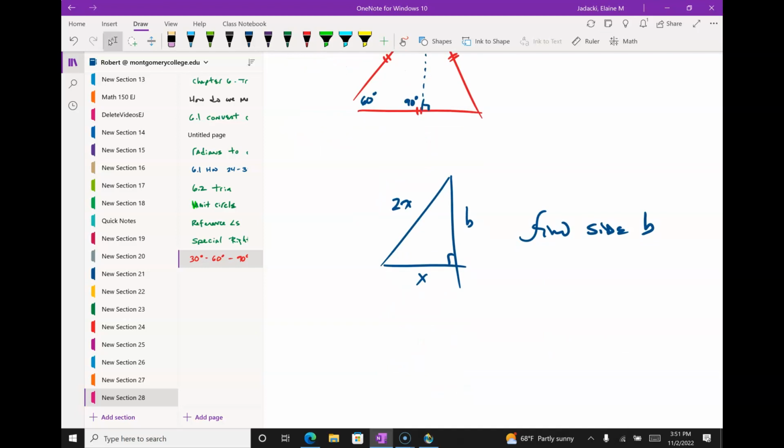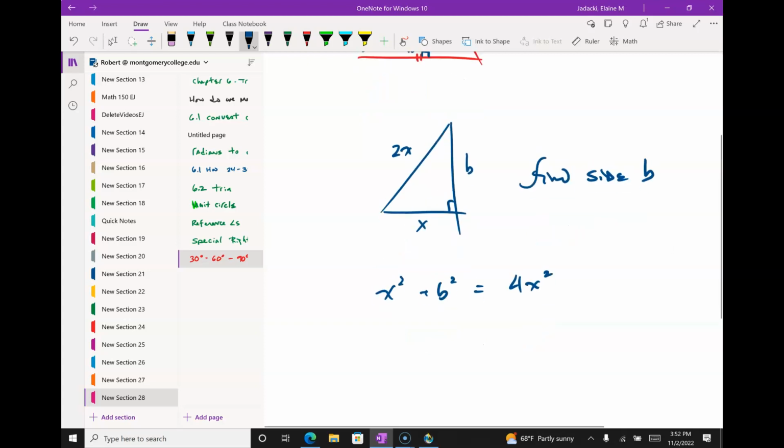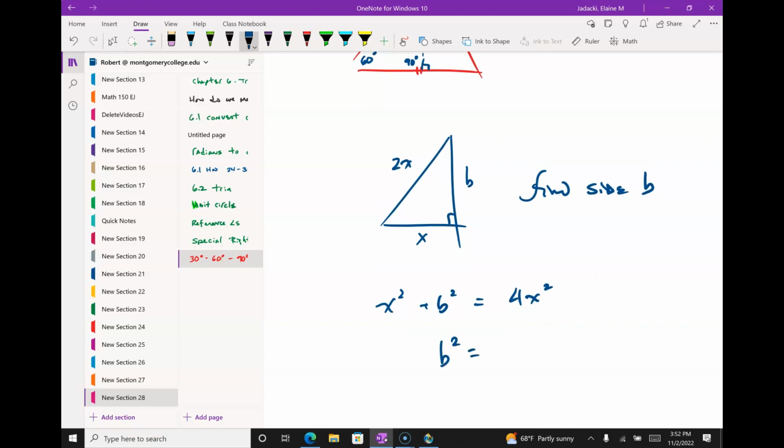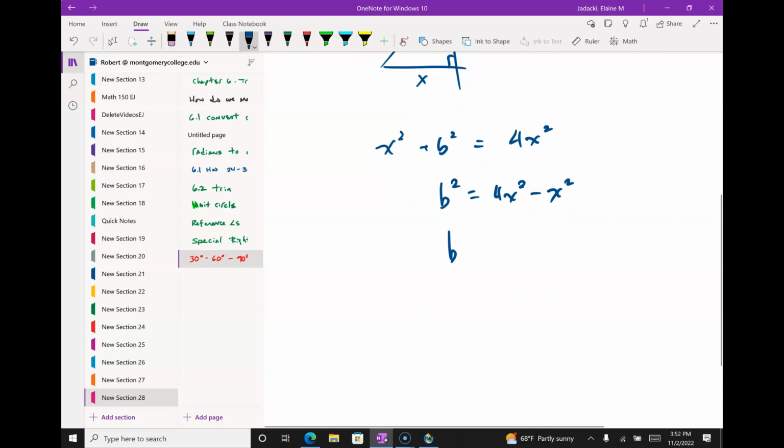So what do I get? x squared plus b squared equals 4x squared, right? x squared plus b squared is c squared, so 2x times itself is 4x squared. So b squared must be 4x squared minus x squared. So b squared must be 3x squared, and b must be x rad 3.